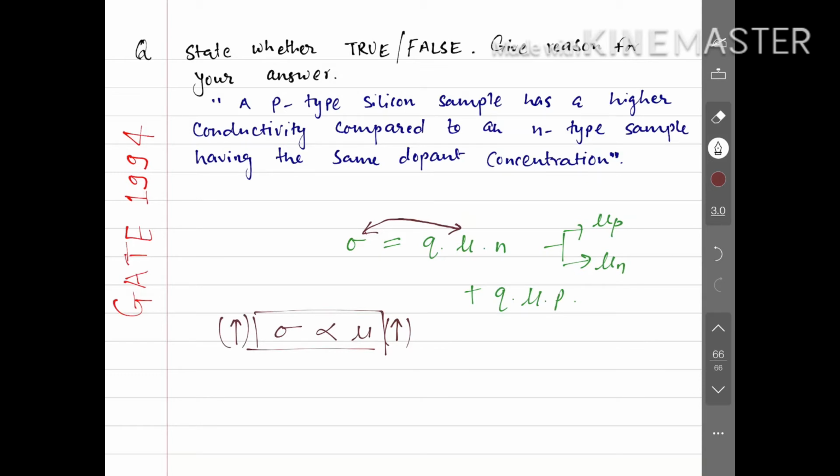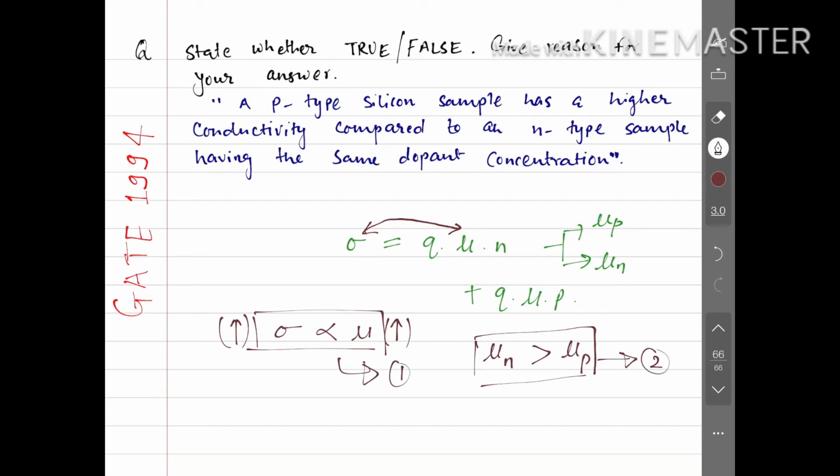And one thing we know, which I have also explained in the previous video, is that the mobility of electrons is higher than the mobility of holes. In some books they say the electron mobility is almost 3 times higher than the hole mobility. So this is relationship number 2, and this is number 1.